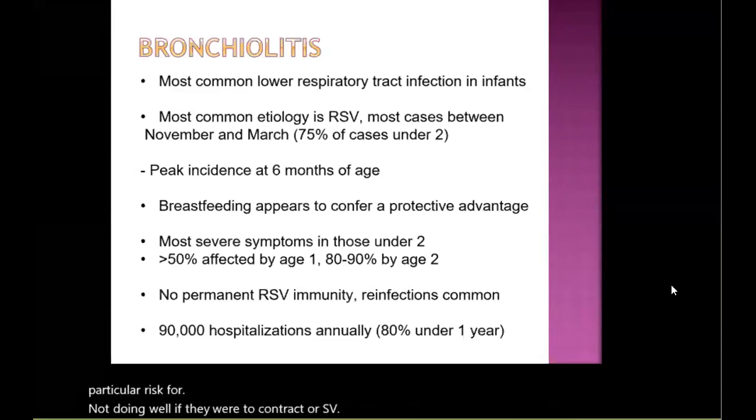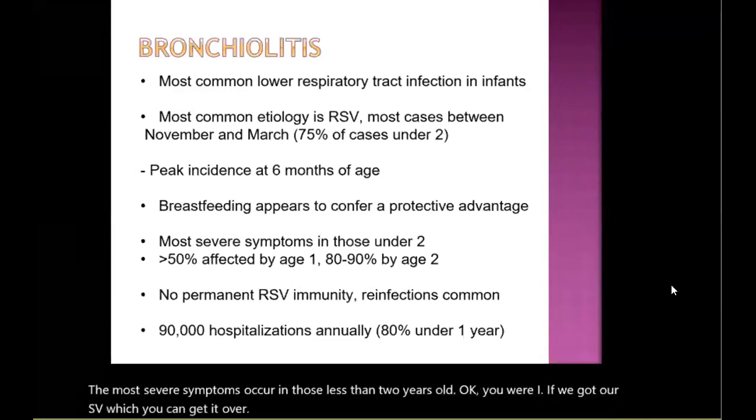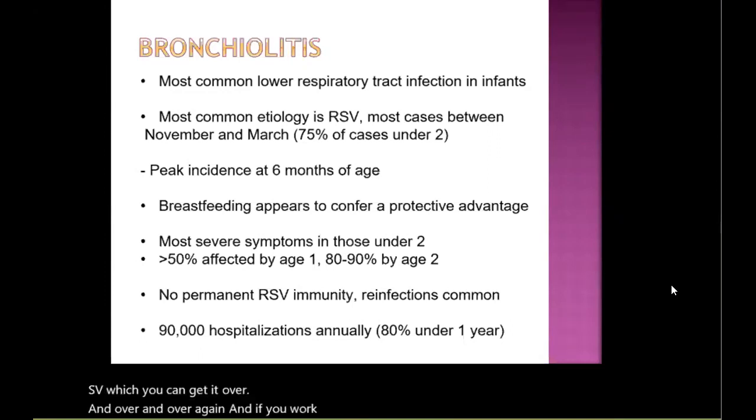The most severe symptoms occur in those less than 2 years old. Okay, you or I, if we got RSV, which you can get over and over and over again, and if you work around kids, you will get it.